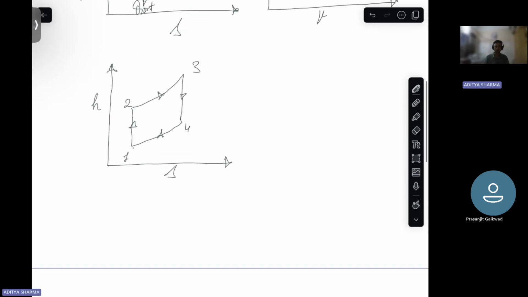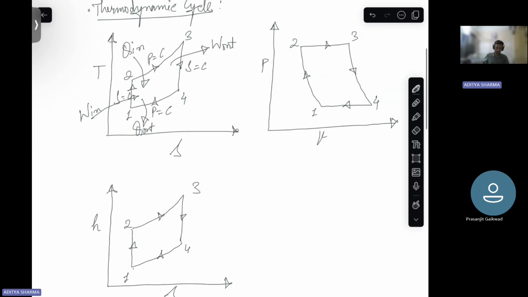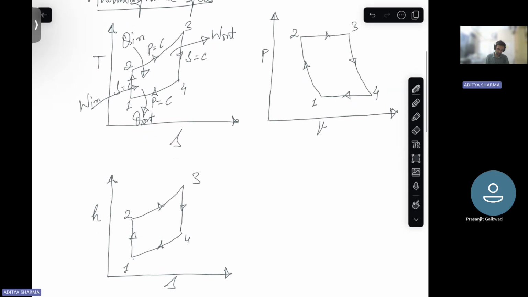I'm just drawing the thermodynamic cycles: the TS diagram, PV diagram, and your enthalpy-entropy diagram. So 1 to 2, if you see, the entropy doesn't change. 3 to 4, if you see, entropy doesn't change. So 1 to 2 is your isentropic process, and 3 to 4 again is your isentropic process.